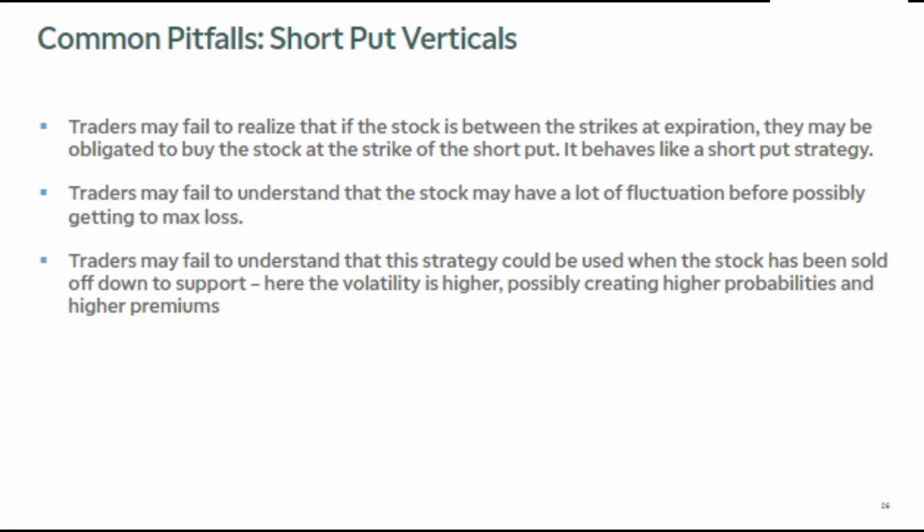Someone said, why is it that if it falls below the strike, it won't necessarily be assigned? That's where I would say pay attention to these videos. Go ahead and watch that video and let me know if you still need help with that. Basically, there's still extrinsic value left in the option.